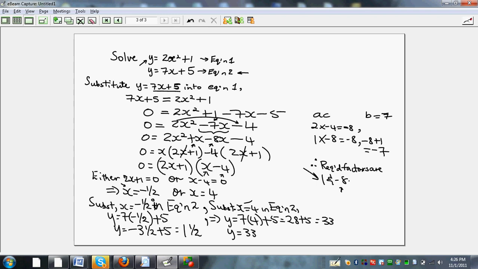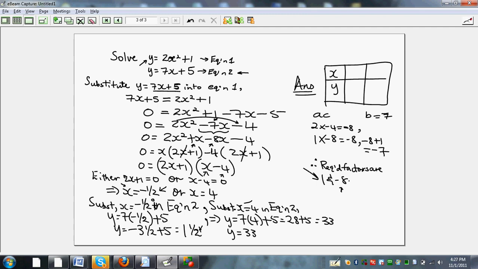So what we do as usual is we write our answer. If we were to write the answer here, just for space constraints, what we normally do is make up a nice box that would have the possible values of x and y, and we write that in. So if we come back here, we see that when x is equal to minus a half, we worked out that y was equal to 1.5.